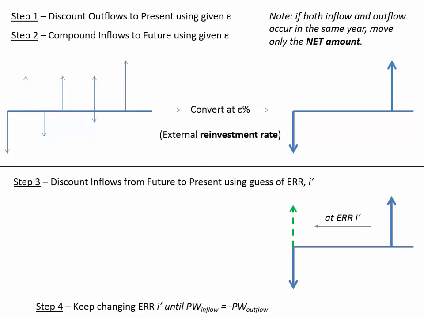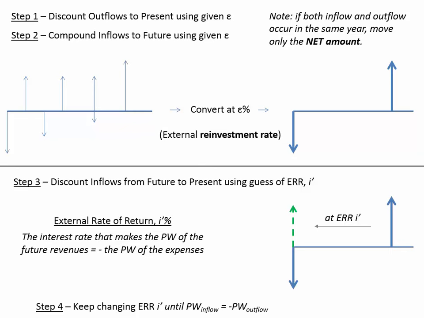Because what you're looking for is you want to keep playing around with this unknown external rate of return until this amount in the future, once you've discounted it to the present, is equal to the cost that's already at the present. So, again, the definition of external rate of return.